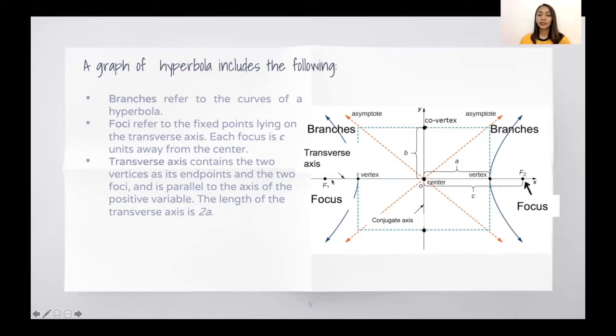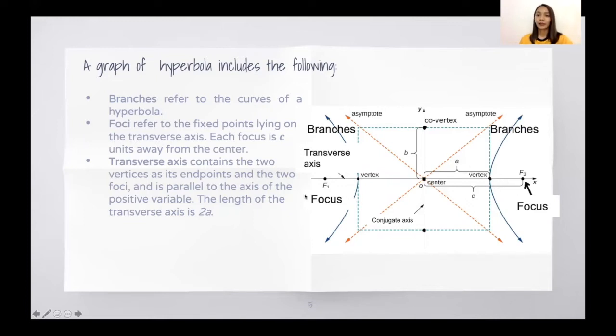As you can see, on the transverse axis are the two foci and the vertices of the hyperbola.